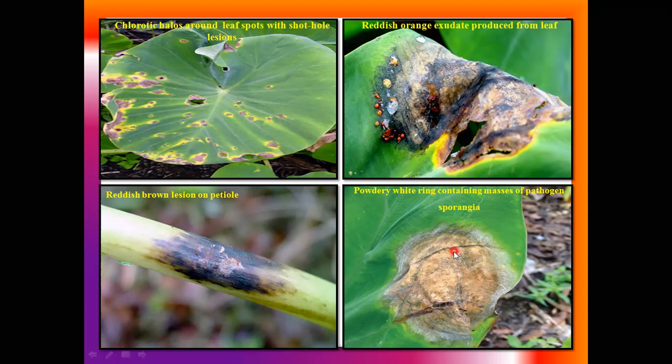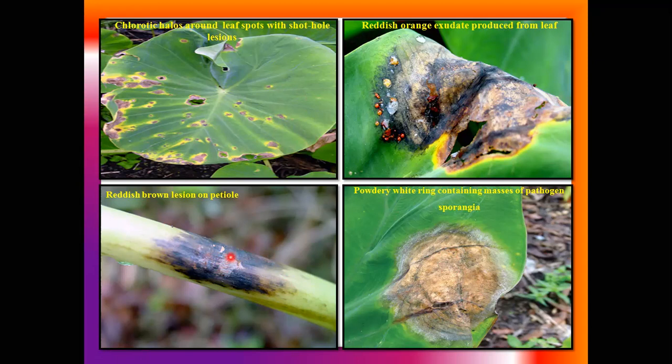Okay, later on, this infection spreads from the infected leaf to the growing petiole portions. Brownish small lesions may be seen on the petiole.